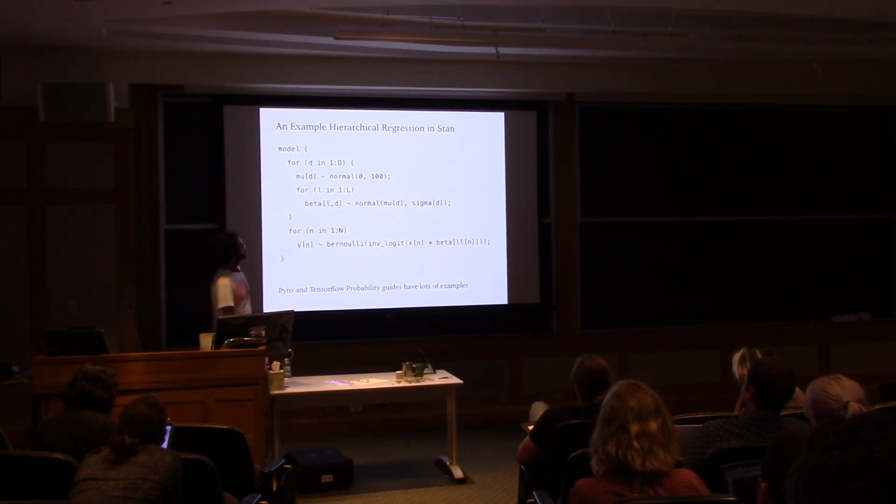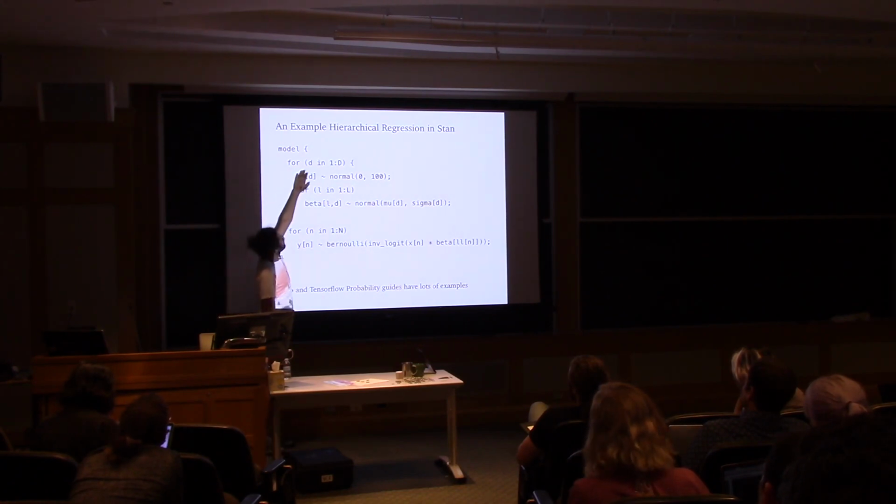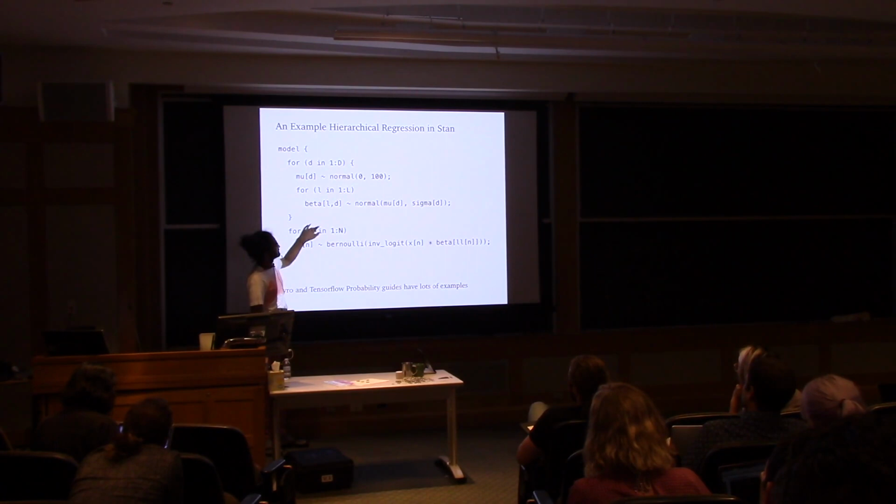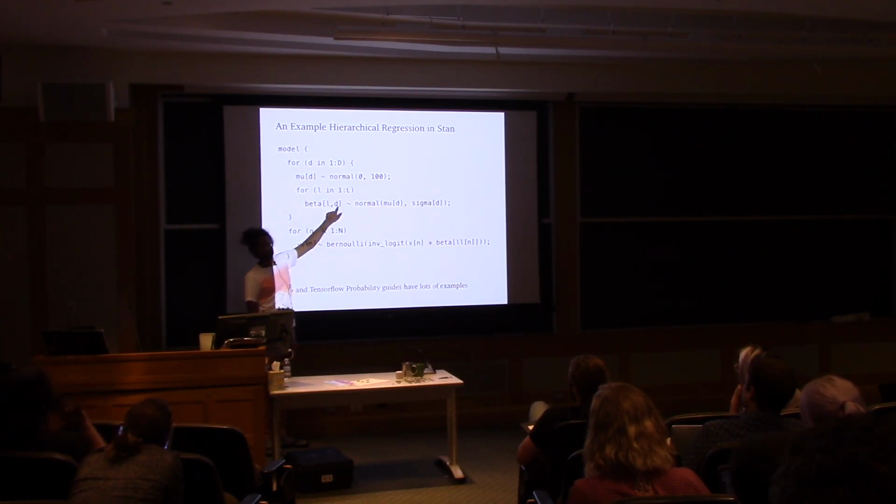To see that super explicitly, this is actually the Stan code for hierarchical regression. Here you have d dimensions, you have L groups, you have some parameter that is shared across the groups, and for each of the groups you get a beta, which is a regression coefficient, and this is just doing each dimension separately.